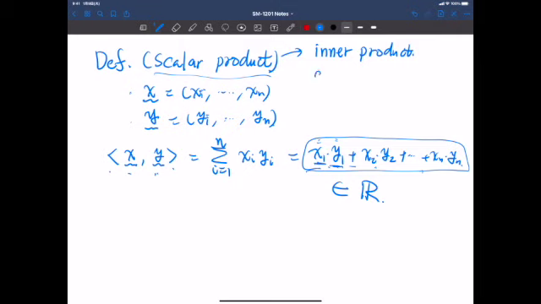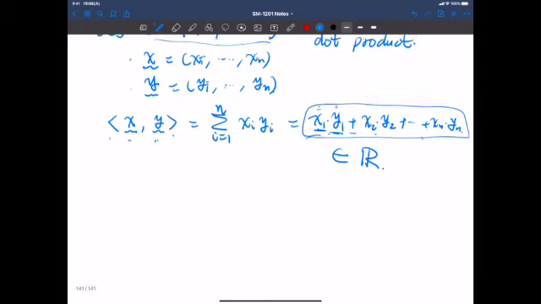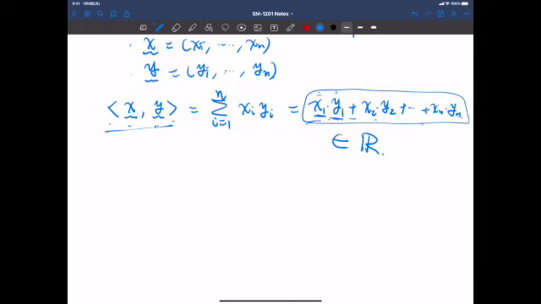or dot product, because instead of writing like this, some people prefer to write x dot y to mean this scalar product, or yet other people might want to write parenthesis x, y. Or in physics, in quantum mechanics in particular, people tend to write bra x, bar, y ket.